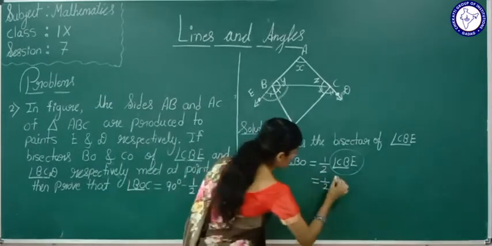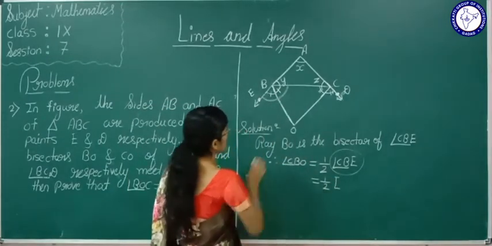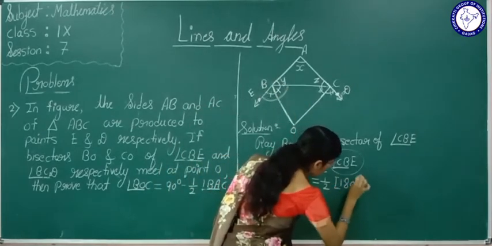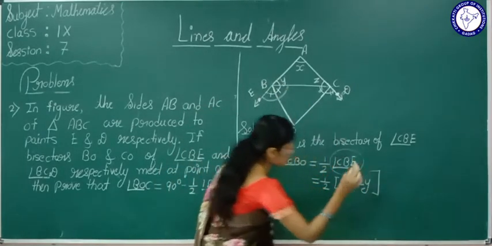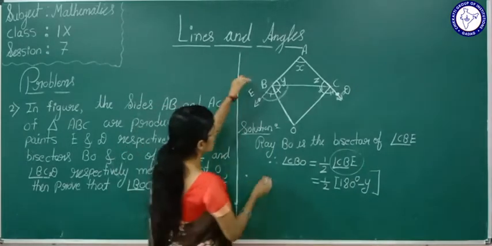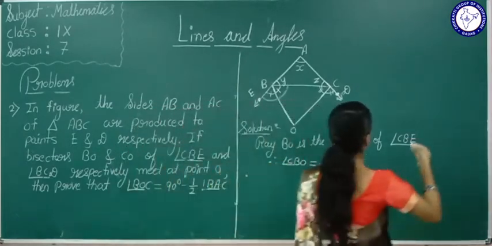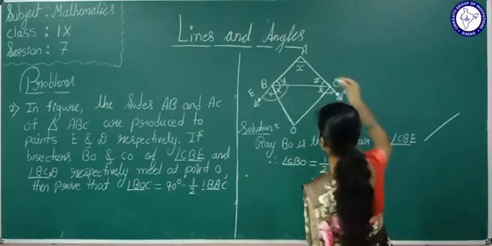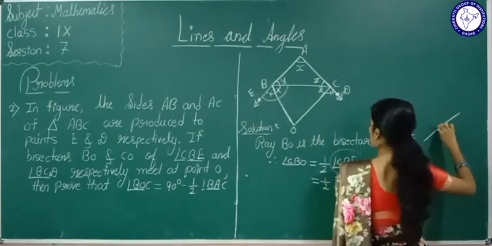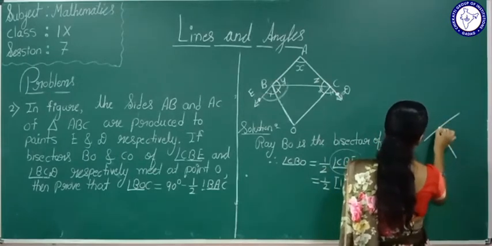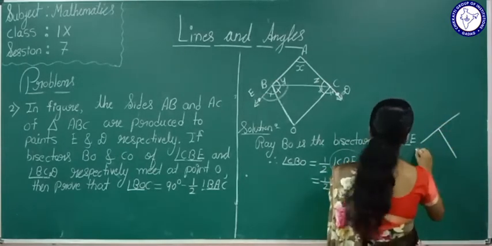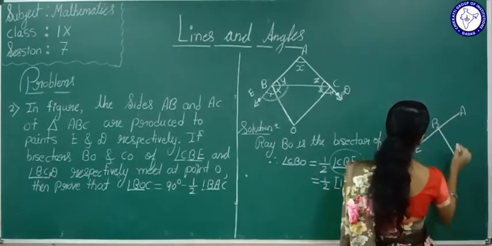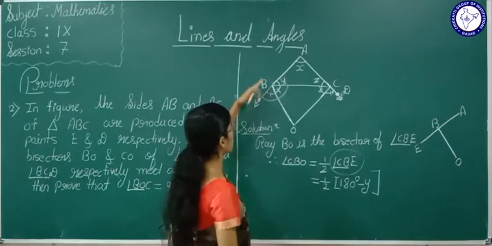Now students, see clearly, this angle is 180 degree minus y. Yes or no? See clearly, one straight line is there, and here BO is standing on EA.